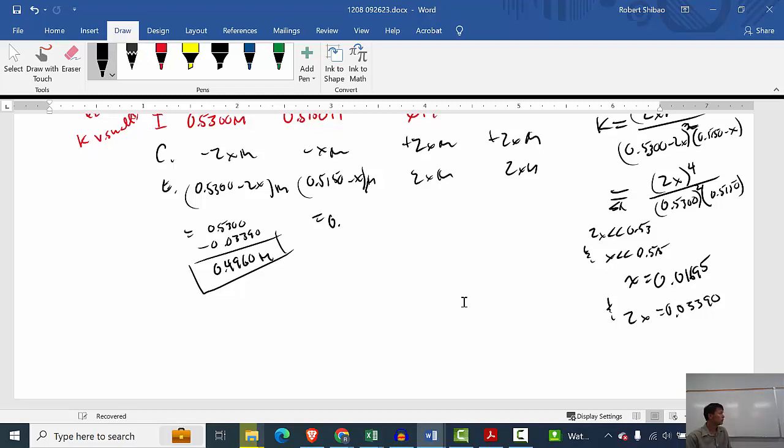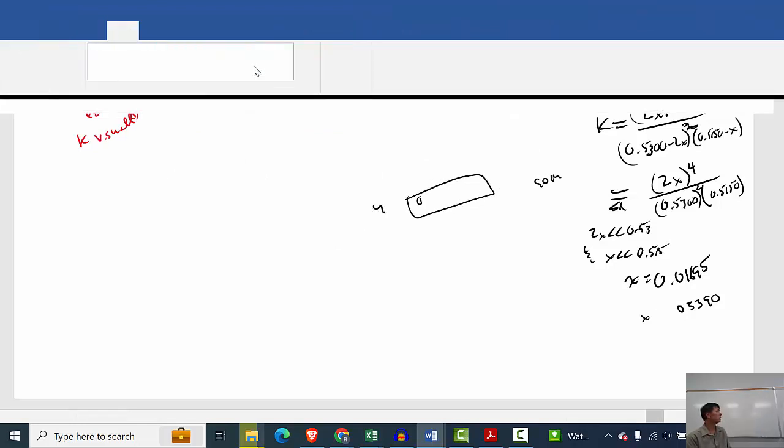This comes out to 0.4980. 2x we already calculated, 0.03390. These are the equilibrium concentrations I calculated.